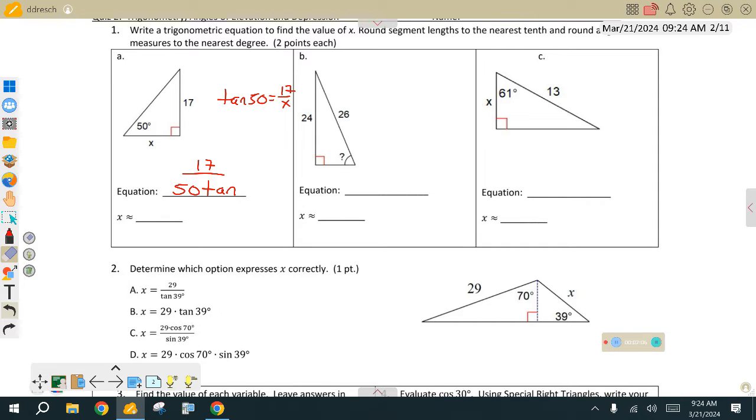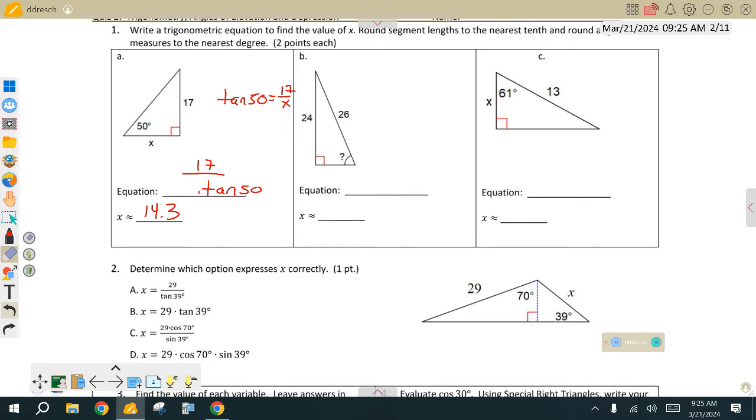If you even try typing that in, it's going to give you an error message. Now, some of you proceeded to type it in correctly, but you're writing this wrong. So fix it. Tomorrow I'll ding you again. But what should it be? 17 divided by tangent of 50, I believe, is the correct answer, right? Go to your calculator.